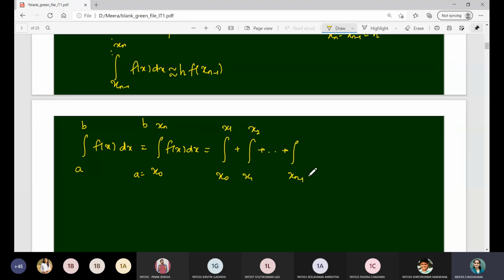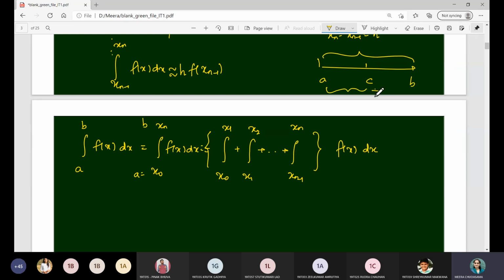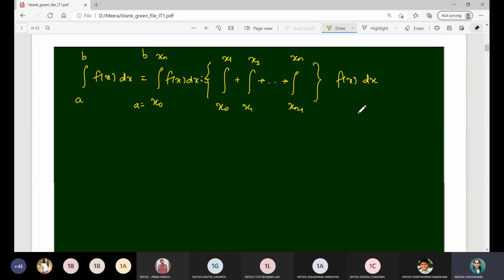This is from the integration property: if you have an interval a to b, and c is some intermediate point, then the integral of a to b is the same as the integral of a to c plus the integral of c to b. This is for d2d students. So for x0 to x1 we first evaluated it, it is h into f of x0, right?